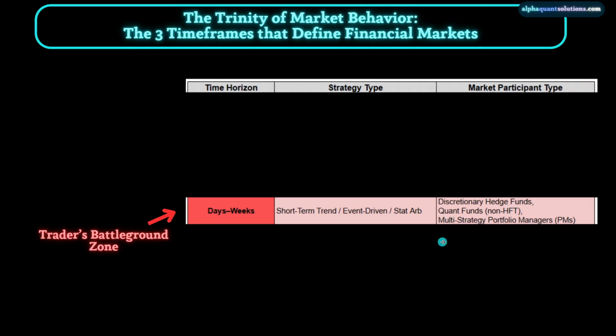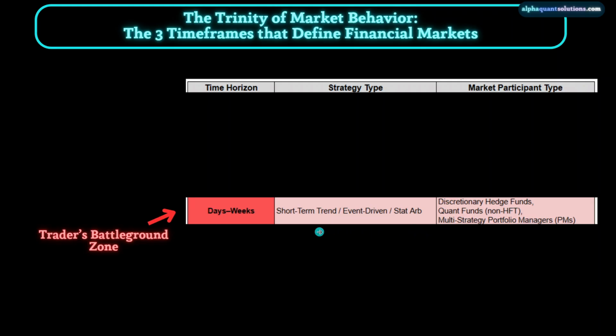Other examples might be, for instance, to follow short-term momentum in commodities or foreign exchange rates or equities over several days. So typically here, the players would tend to use structured processes, for instance, also factor-based models, coupled with rigorous backtesting, and often would be mixing systematic entries with discretionary overlays.